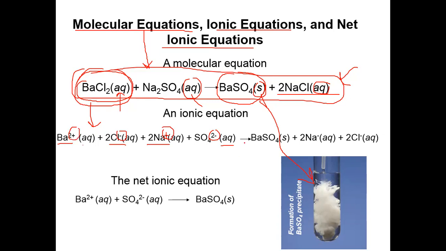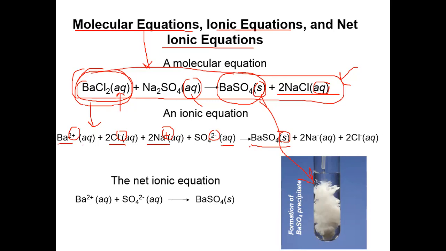But if we go to the right-hand side of the arrow, we can see that barium sulfate is not broken down into ions. Why? Because it says it's solid and precipitated. It doesn't dissolve in water. Unlike sodium chloride, barium chloride, or sodium sulfate, which you can put in water and they will dissolve, barium sulfate is not soluble.